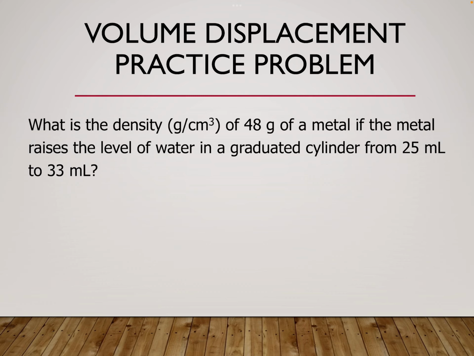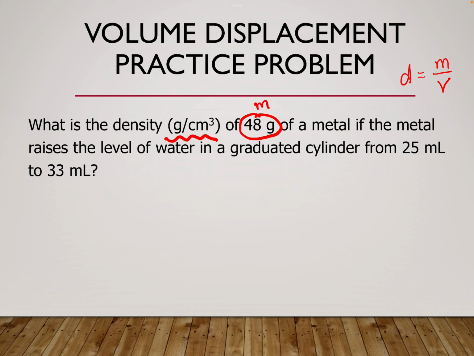What is the density in grams per centimeter cubed of 48 grams of a metal if the metal raises the level of water in a graduated cylinder from 25 to 33 milliliters? All right, so remember, when we're calculating density, we need mass over volume. And this says it wants the density in terms of grams per centimeter cubed. Well, we already have 48 grams.